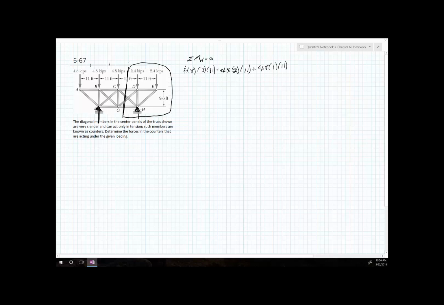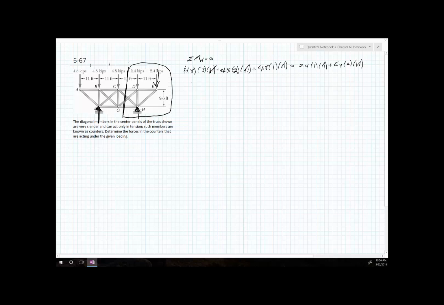You'll notice I'm leaving 11s because they end up canceling. The 2.4 passes through H, so that goes away. That equals 2.4 times 1 11, plus that force at F, we'll call it FY, times 2 11s. You'll notice 11s on all of them, so I'm going to get rid of all the 11s. That's just me being lazy.